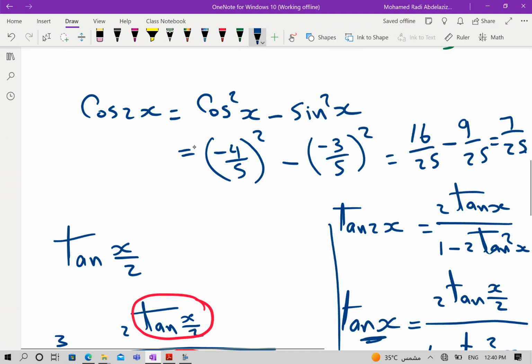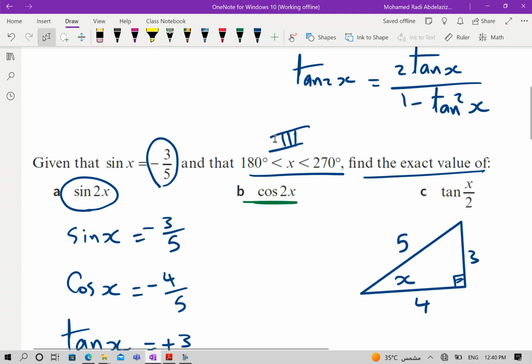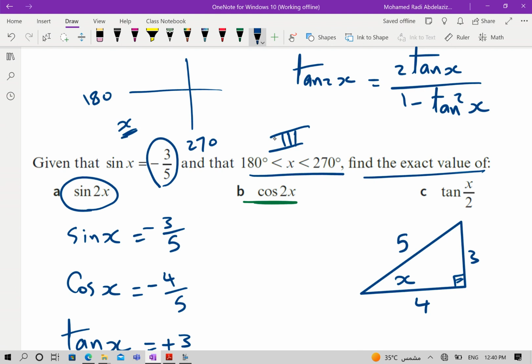Angle x is in which quadrant? Angle x is in the third quadrant, which lies between 180 and 270.